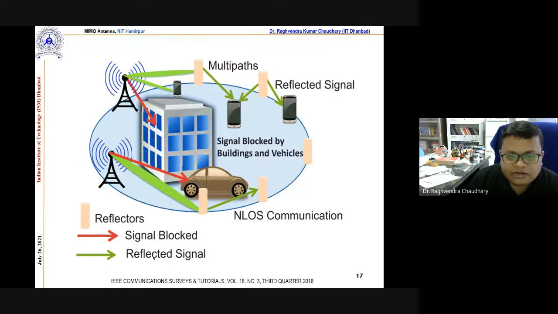Here you can see the two antennas, and the users are distributed in a building, over the ground, in a car, in different places. The red signals are blocked by obstacles, maybe buildings, trees, or cars. Apart from that, we have the reflected signal, the green one.